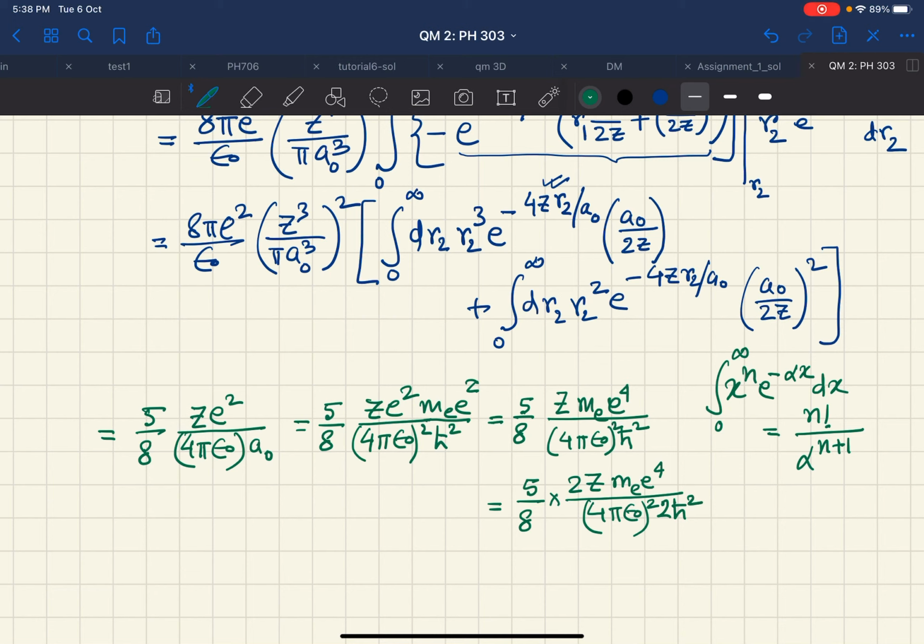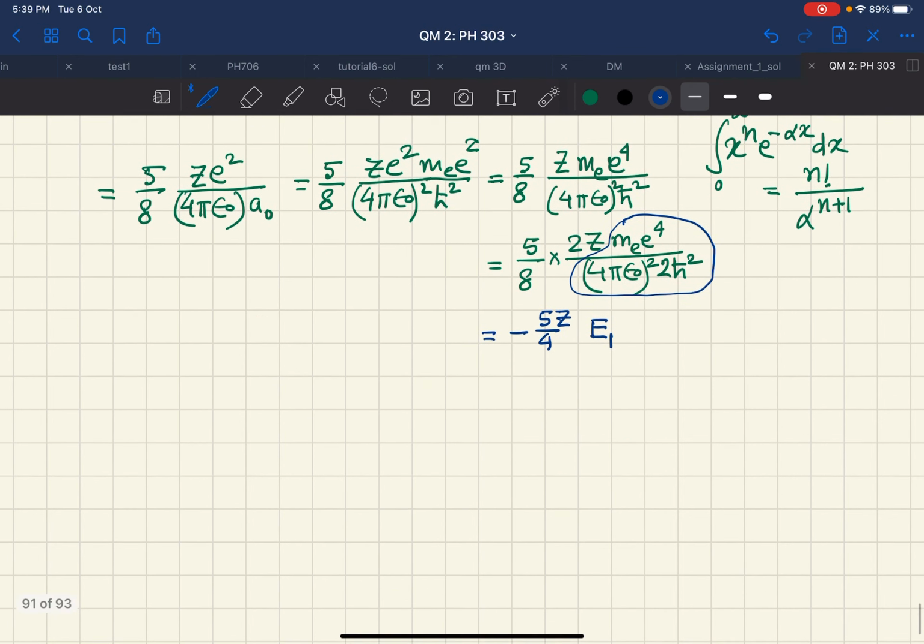Because this particular object I am using many times, so you must be familiar by now, is the ground state energy of the hydrogen atom, of course with a minus sign. So this will be minus 5 by 4 z into E1. What is this E1?